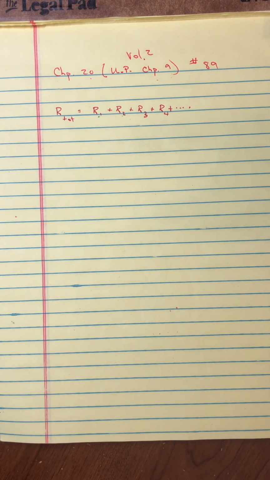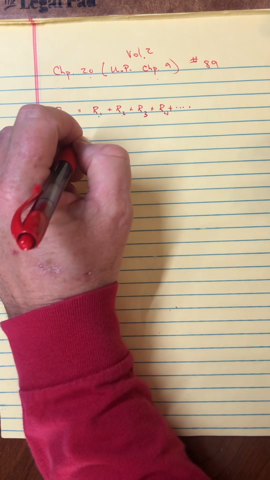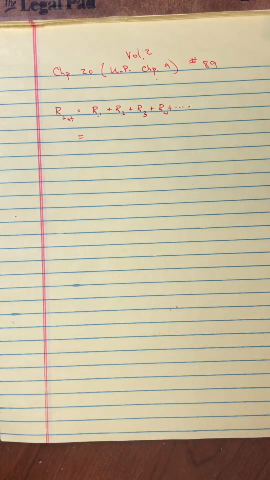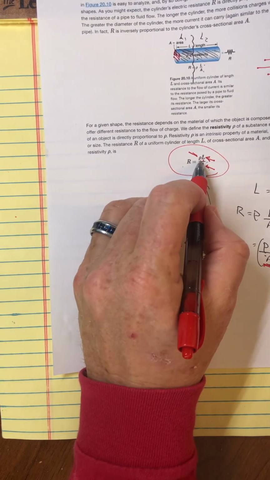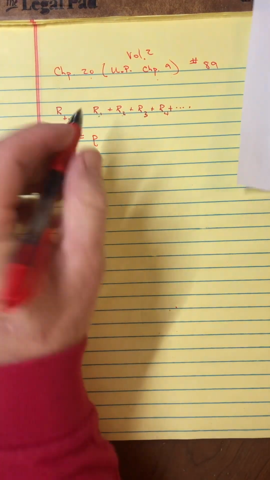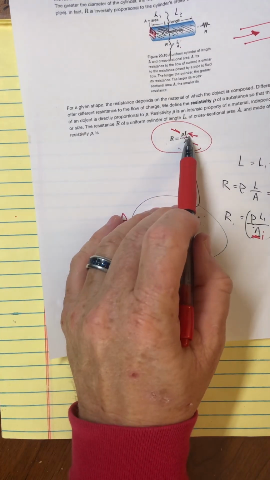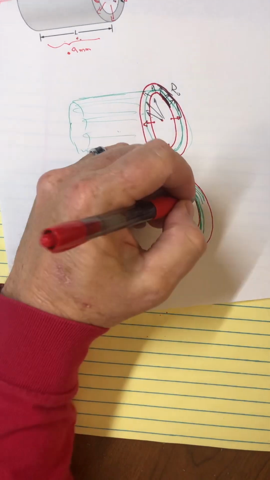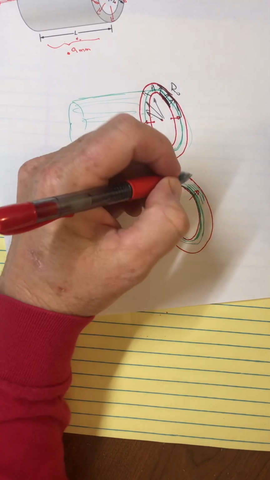And I would write it, I guess, mathematically, something like this, using this formula. I would say, okay, it's the resistivity of the material times the length of it. And of course, now remember, the current's going outward.